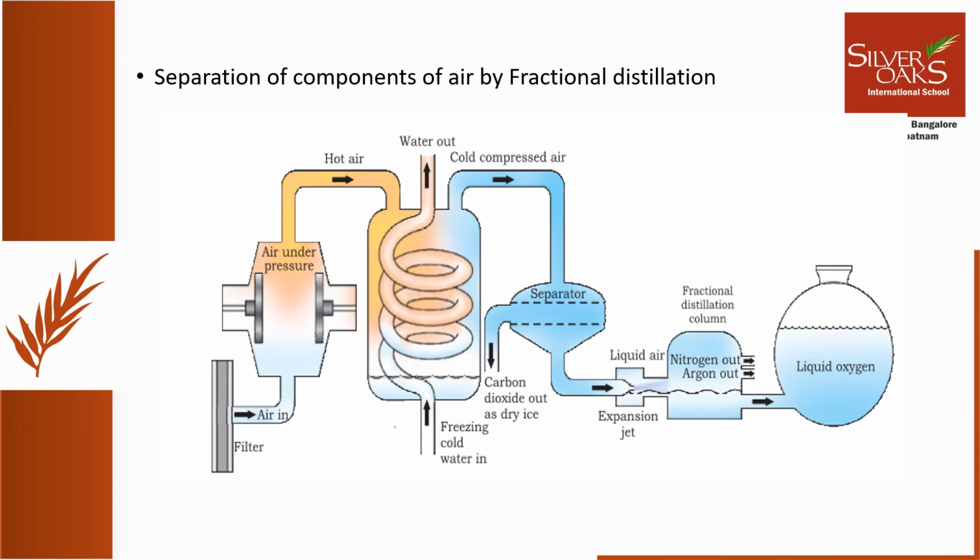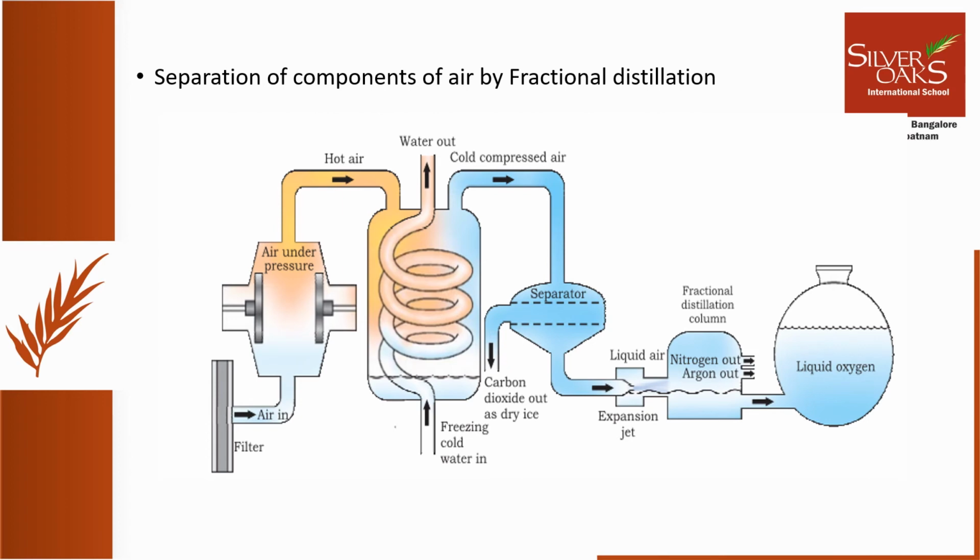The temperature will be reduced to minus 200 degrees centigrade. The cold compressed gas will be transferred to a separation chamber where carbon dioxide gas will be separated out as dry ice at minus 78.5 degrees centigrade.